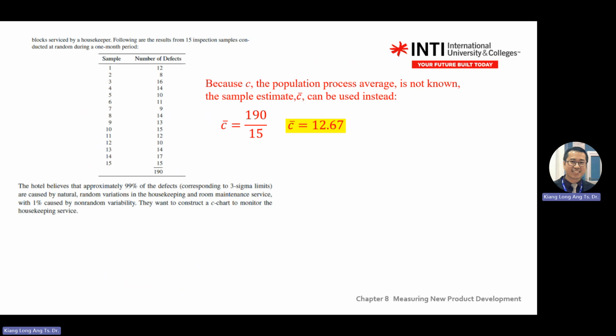So your average will be 12.67 defects in every inspection. In these 15 inspections, on average, every time you go into a room, there will be around 13 defects. The control limits are computed using Z equal to 3 because 99% is random data.